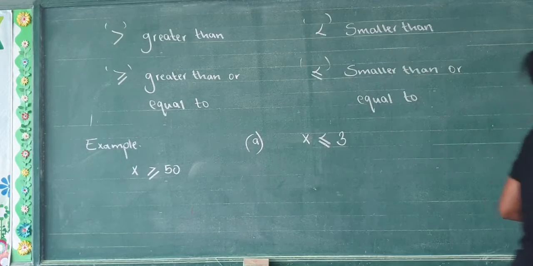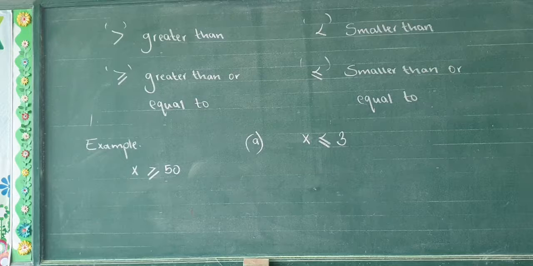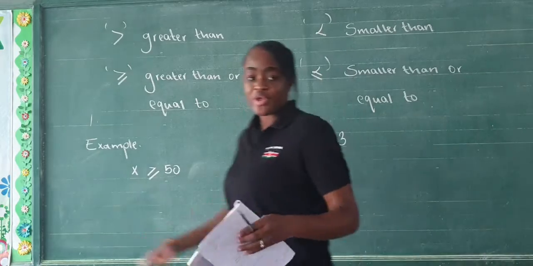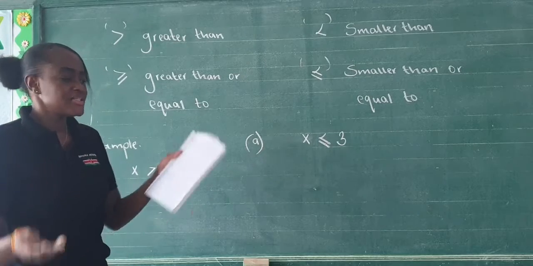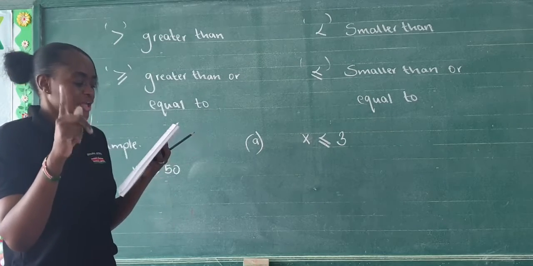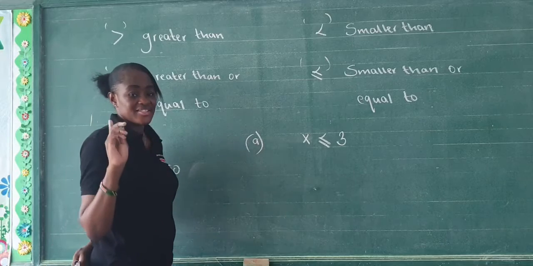So we are going to write the number of children in each family is smaller than or equal to 3. That is the answer.